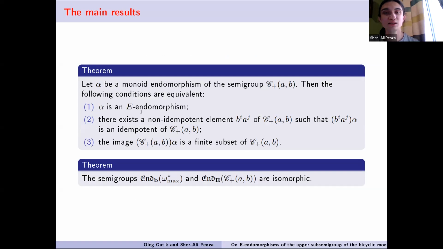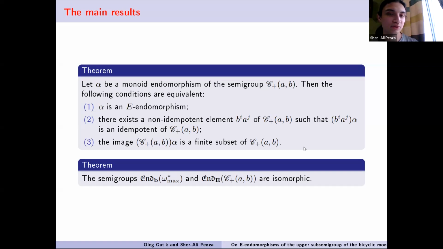Second, there exists a non-idempotent element of our semigroup such that the image of this element by the endomorphism alpha is an idempotent of our monoid. Third, the image of all semigroup C+ by the endomorphism alpha is a finite subset of the semigroup C+.